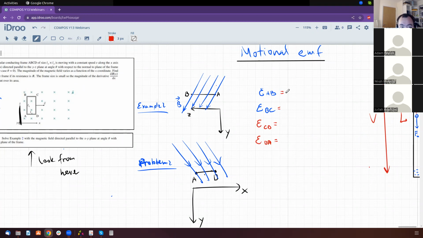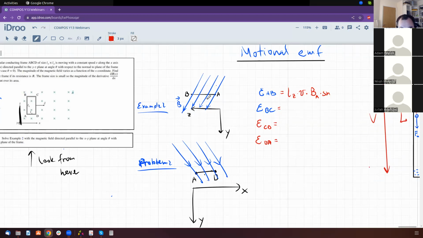The EMF induced in AB is going to be LZ, the length of the rod, times the velocity, times B. So then we have the magnetic field at point A, because the magnetic field is changing. B, and then we need sine of the angle.